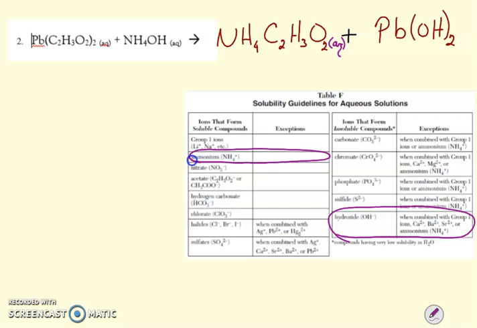So it's soluble with calcium, barium, strontium, group 1s or ammonium. Lead is not one of those. Therefore, this reaction will form a solid precipitate of lead 2 hydroxide, and so that will be our actual reaction that does occur.